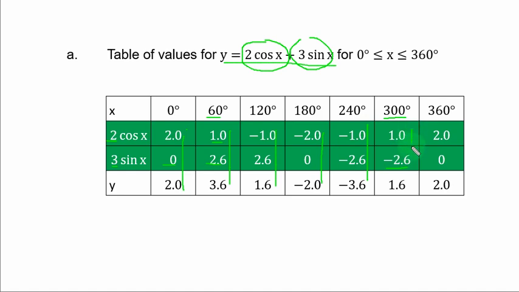You add these values, you are supposed to have minus 1.6. So if you add the values under 300 degrees, you have minus 1.6. And if you add these two, you have 2.0. We move to B part, where you are asked to plot the graph.